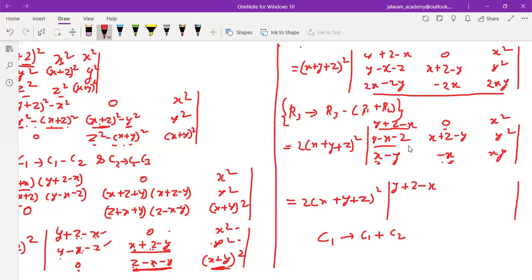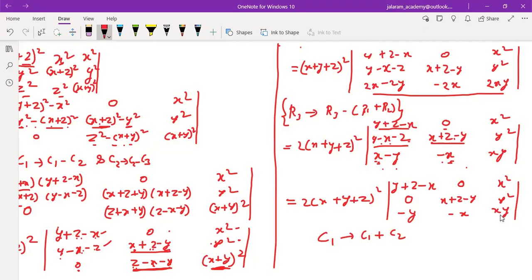Second element y minus x minus z plus x plus z minus y. So y cancelled out, x cancelled out, z cancelled out, it will be 0. And x minus y minus x will be only minus y. So there will be one more 0, 0 minus y, and then 0, x plus z minus y minus x, x square, y square, xy.